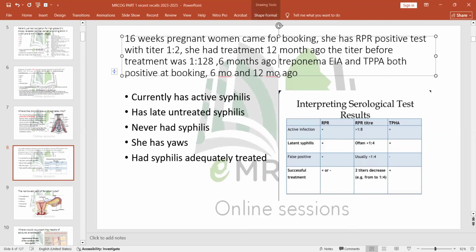And they also told you that 6 months and 12 months ago, the treponemal EIA and TPPA were both positive. So I'm having the EIA and TPPA both positive. Is 1 to 8 higher or 1 to 2?